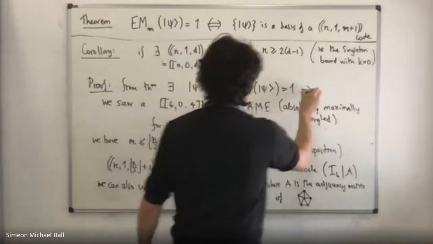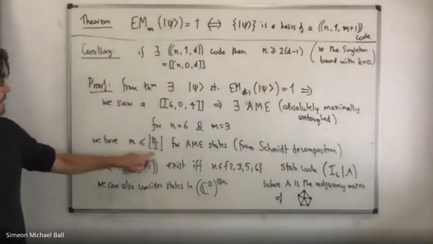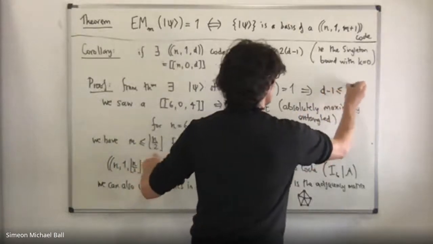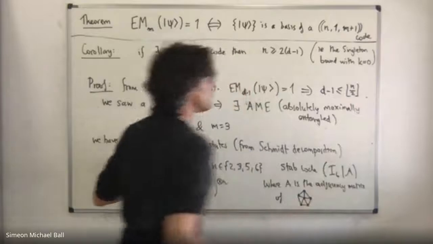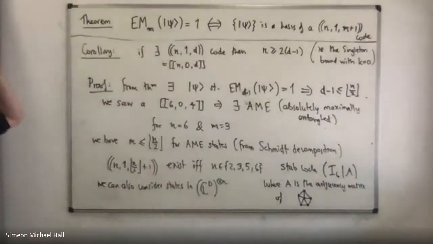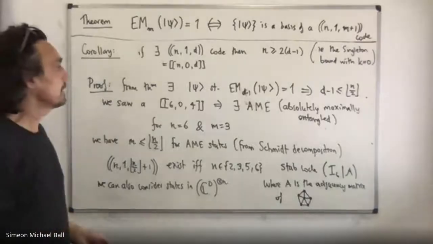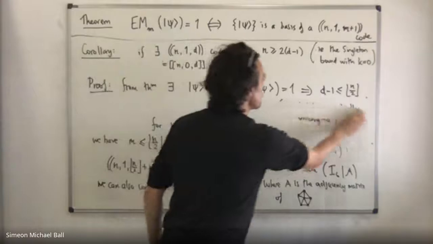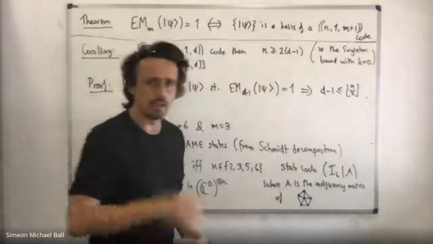Which implies, since we know that D has got to be less than or equal to N divided by 2, okay, so we get a singleton bound now for free from that, which makes me think two things.